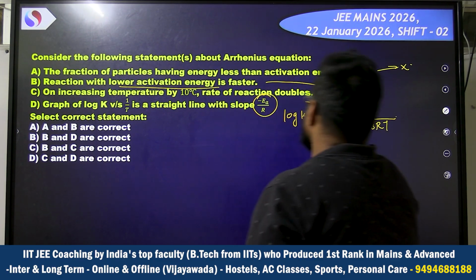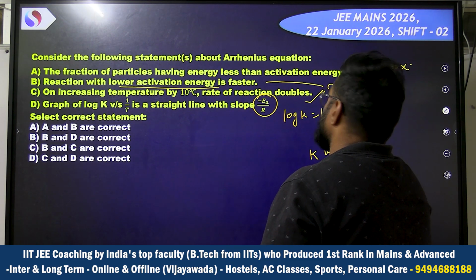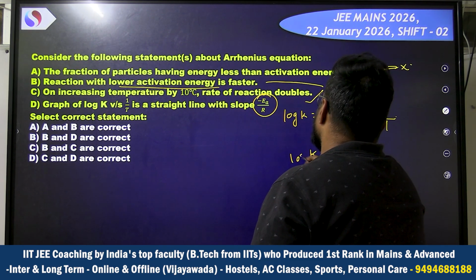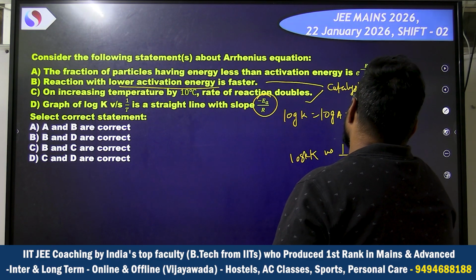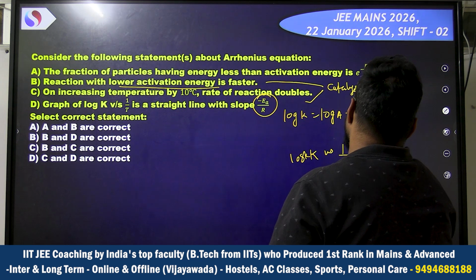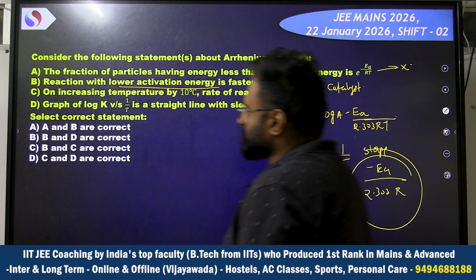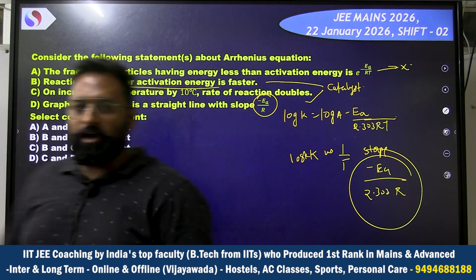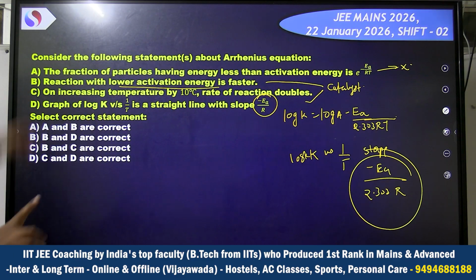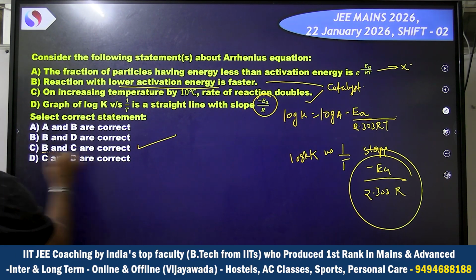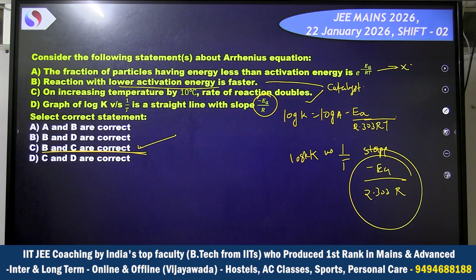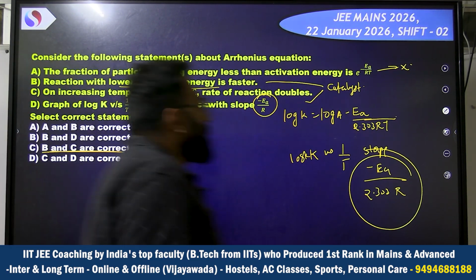So if we are plotting a graph of log K versus T, the slope will be EA by 2.303 R. So statement D is incorrect. So the correct statements are only B and C. So B and C are correct. The third option is correct. Okay?